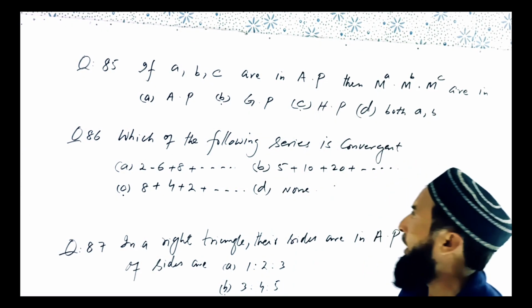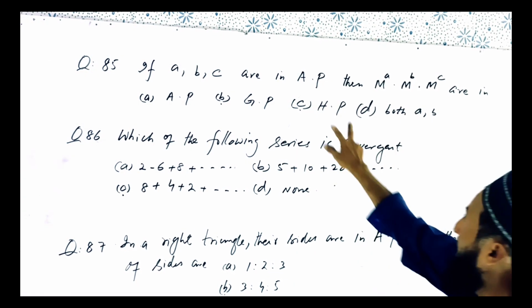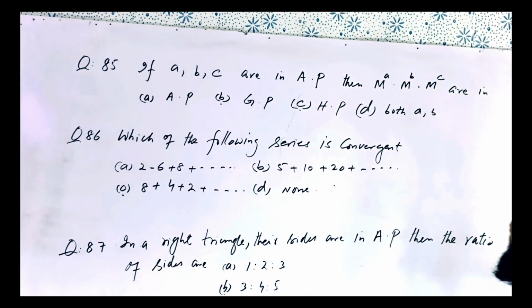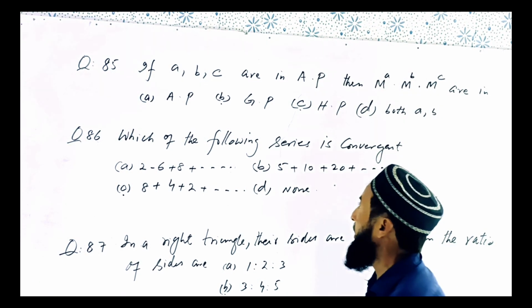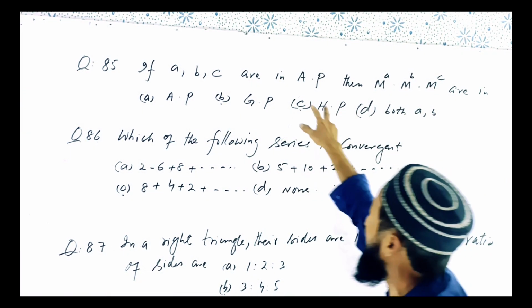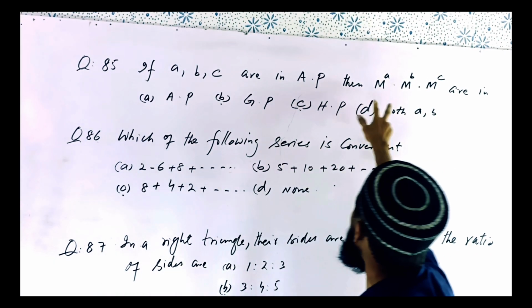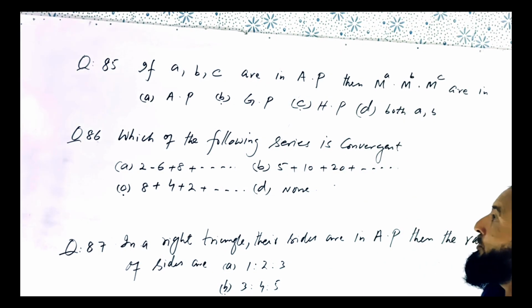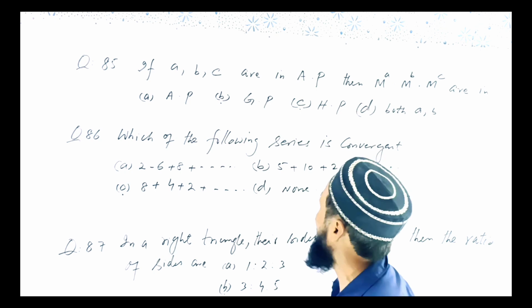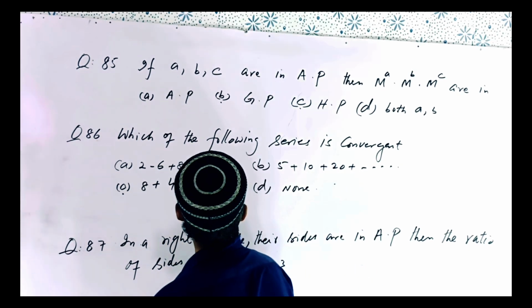85. If A, B and C are in arithmetic progression, then m power A, m power B, m power C are in what progression? Look here, if we have an arithmetic progression, then with m as the base and these as exponents, that gives a common ratio. In the common ratio we find a geometric progression.